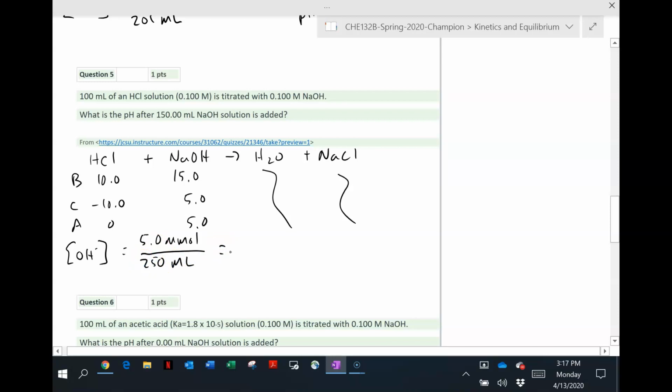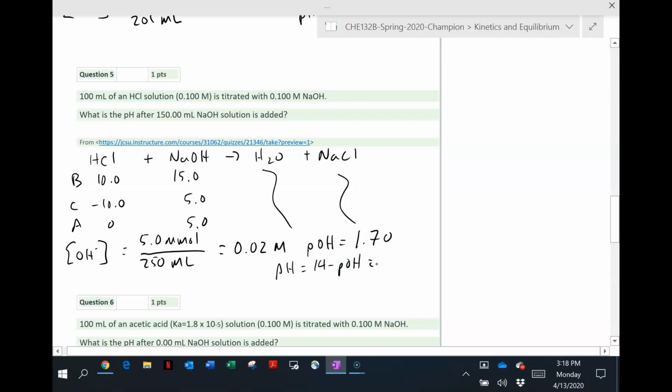So 5 divided by 250, that is a 0.02 molar hydroxide, or pOH. Then is the negative log of that. That's 1.70 basically. So our pH is going to be 14 minus the pOH.